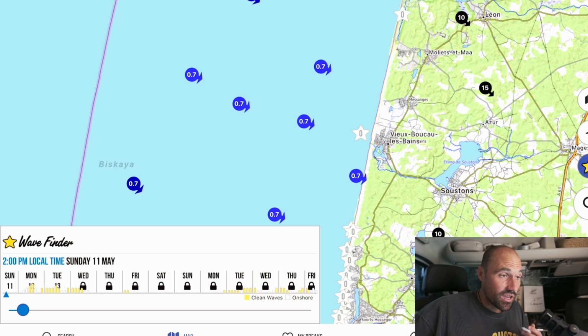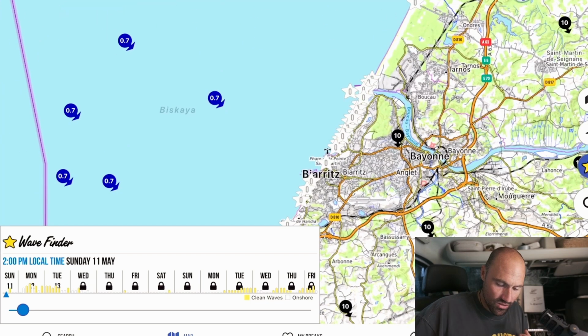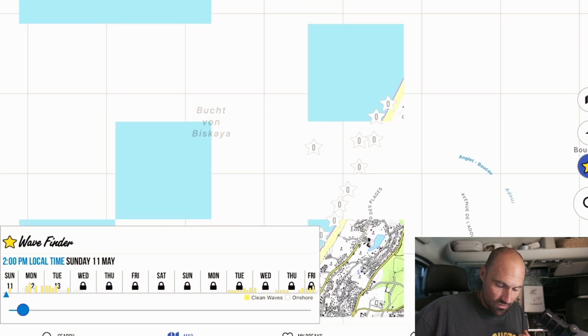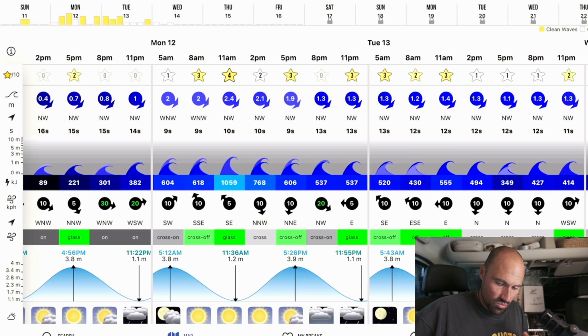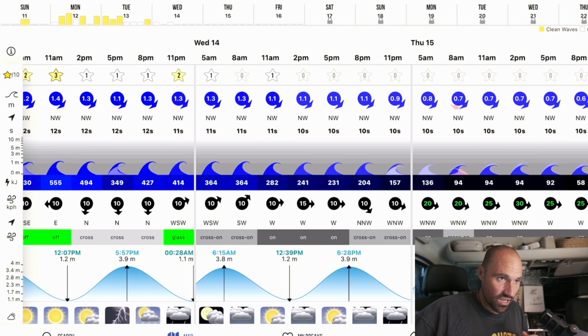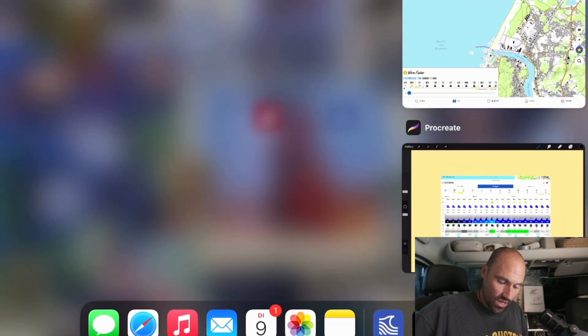You can search new spots, for example, go down and click on them. For example, here, Biarritz, you click on it and you see the forecast for the spot. If you swipe slightly to the right, you will see some forecasting. But I'm gonna show you in the other app what I mean by that.